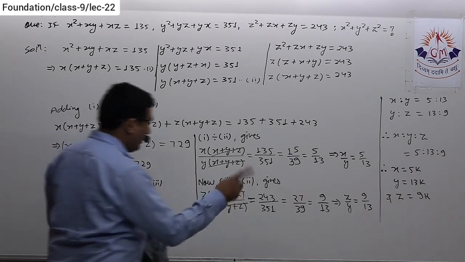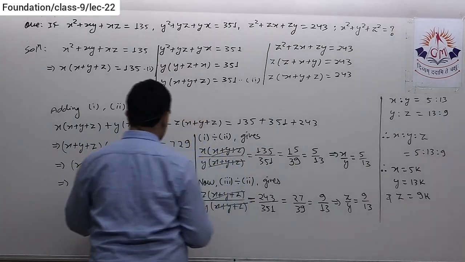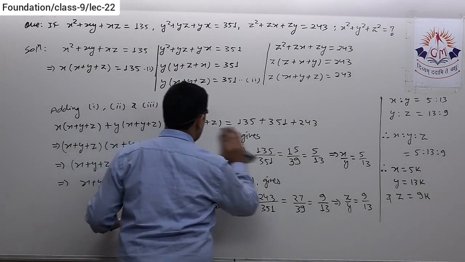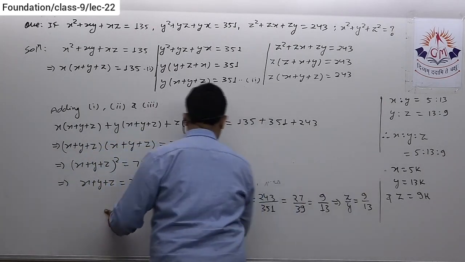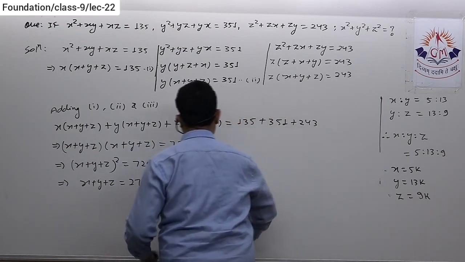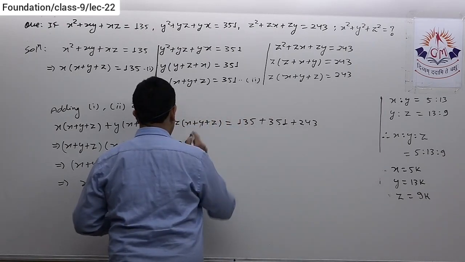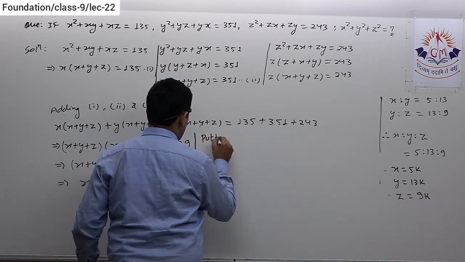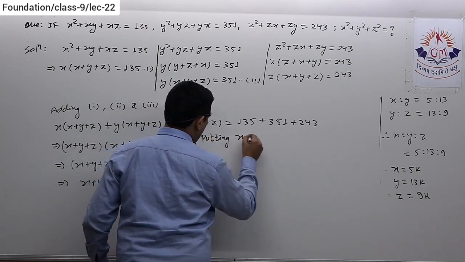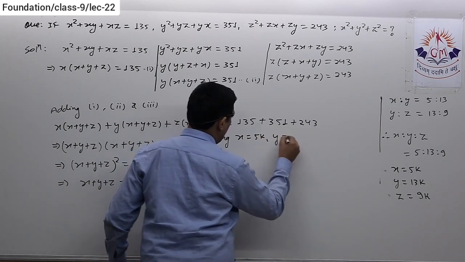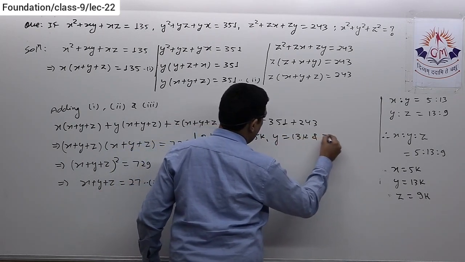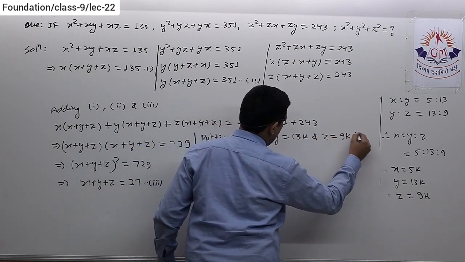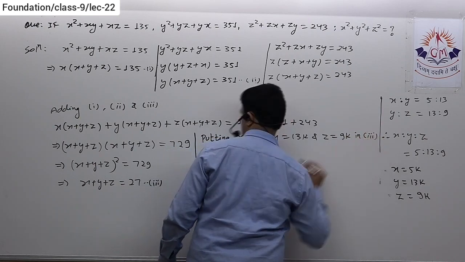Okay, so now we'll put values of x, y, z in equation number 3. Putting x equal to 5k, y equal to 13k, and z is equal to 9k in third.